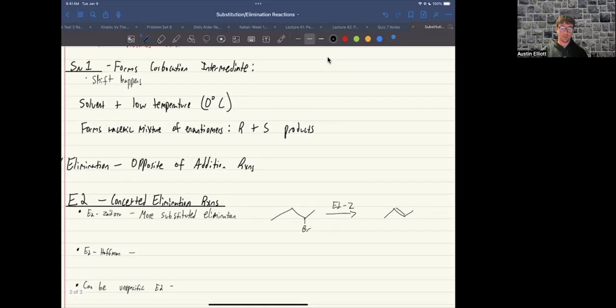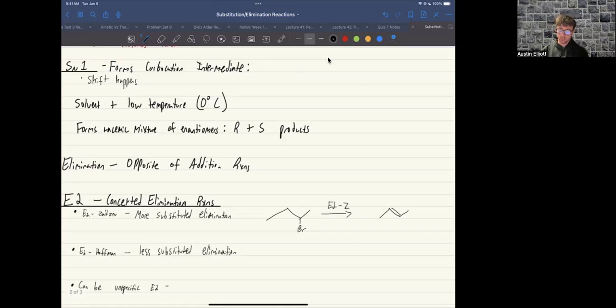Then we look at Hofmann, or E2 Hofmann, E2H, however you want to call it. It's the less substituted elimination. So just know the difference between which bases do E2Z, E2H, depending on what type of alkane you have, if it's a 1', 2', 3', and so on.